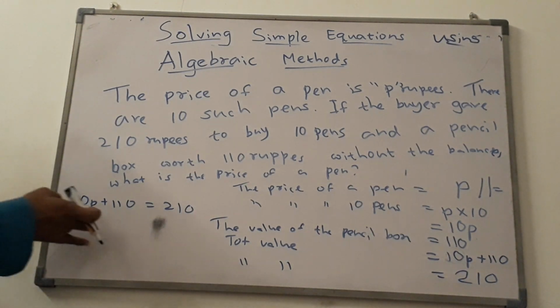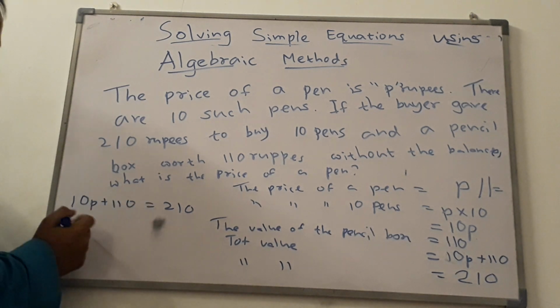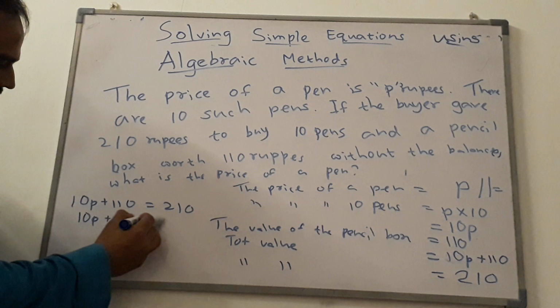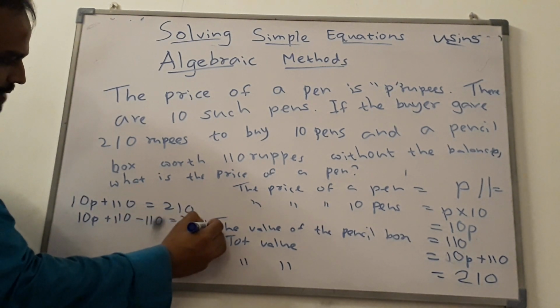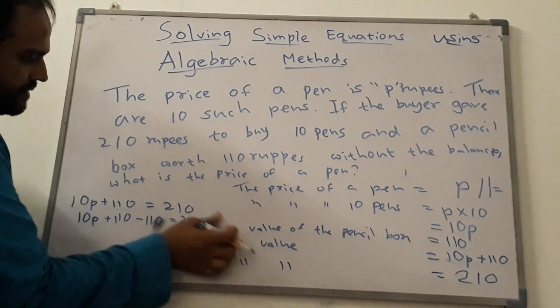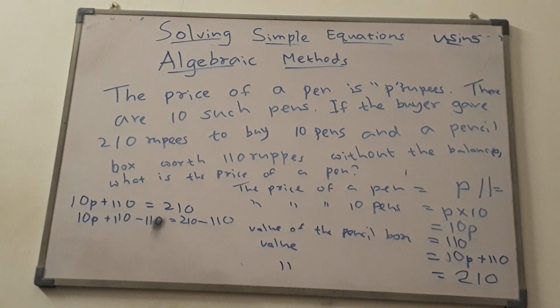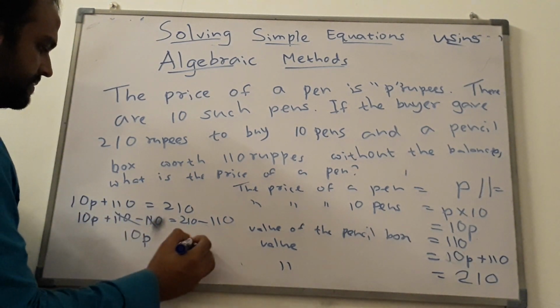Now we have to find P. First we have to remove 110. So we do 10P plus 110 minus 110 equals 210 minus 110. So 110 and 110 cancel, and 10P equals 100.